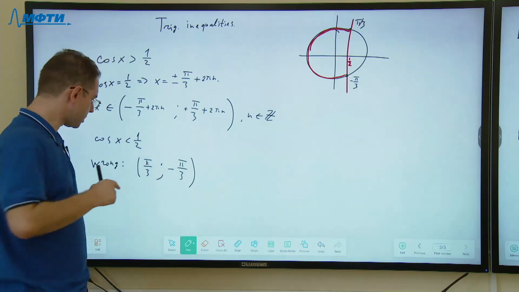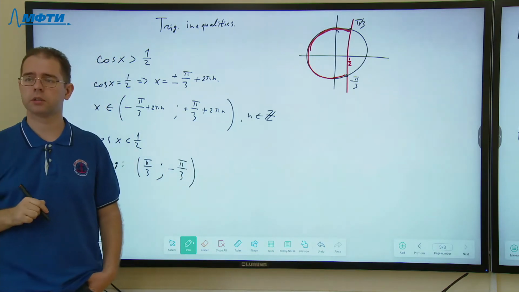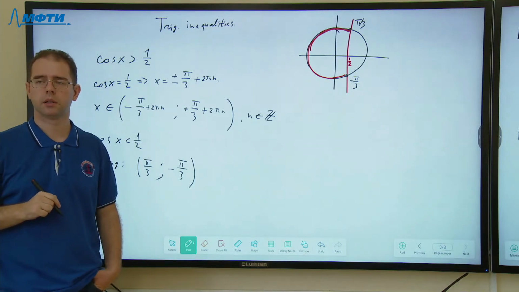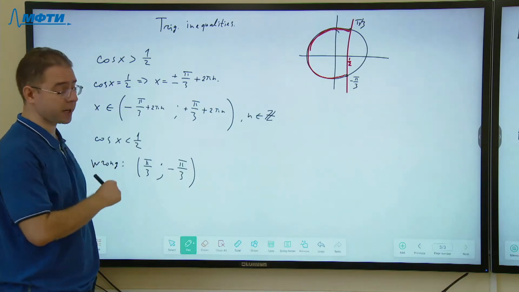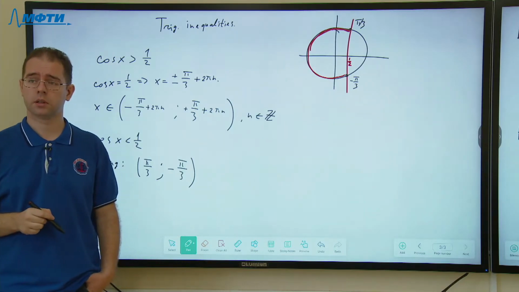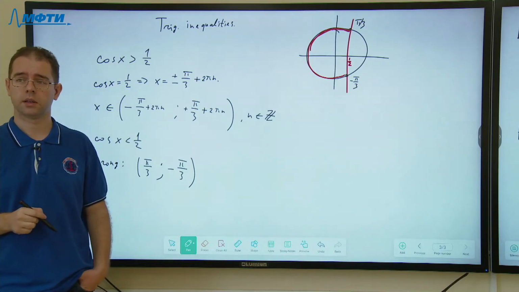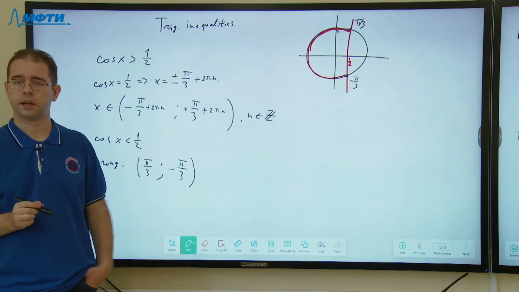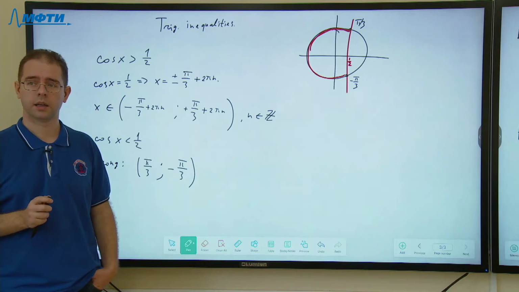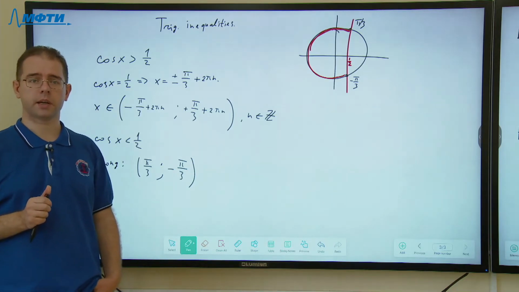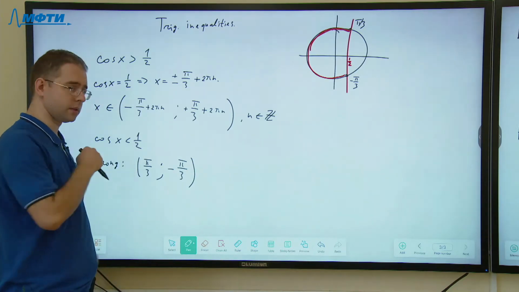Marta, why would this solution be wrong? Why is this expression wrong? Okay, Jeremiah, could you explain why this is wrong?